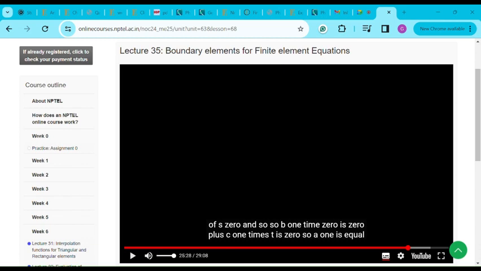And for a vector equation we get finally a vector. This one is a second order tensor, so after the dot product we'll get a vector.